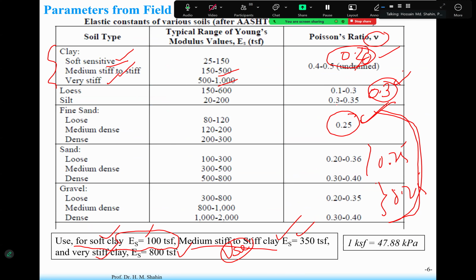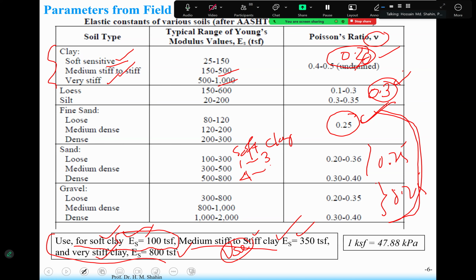For clay type soil, use 3 equations. This is soft clay, then medium stiff clay. Soft clay is less than the SPT N value, as I said, I'll give you later on, or you can write here. Soft clay, 1 to 3, SPT N value.